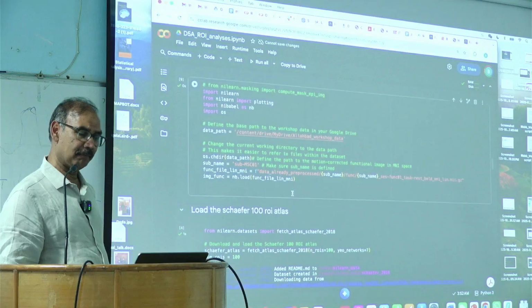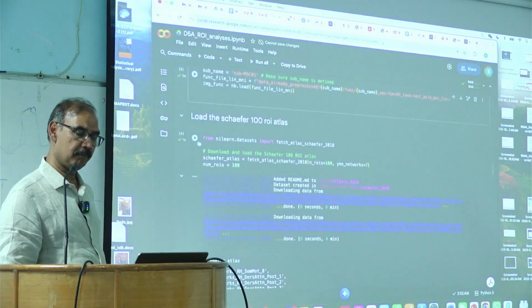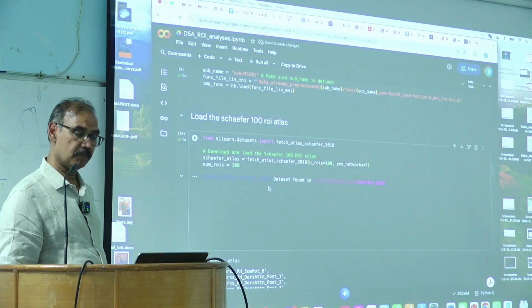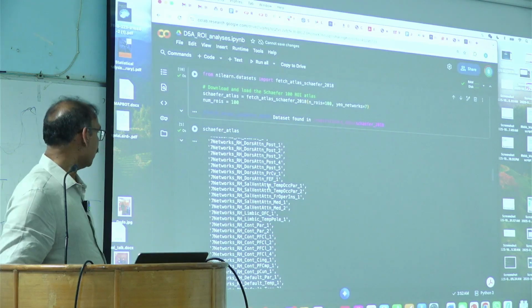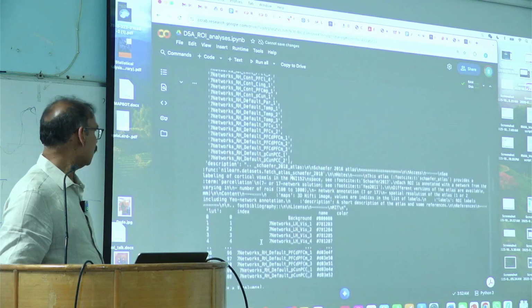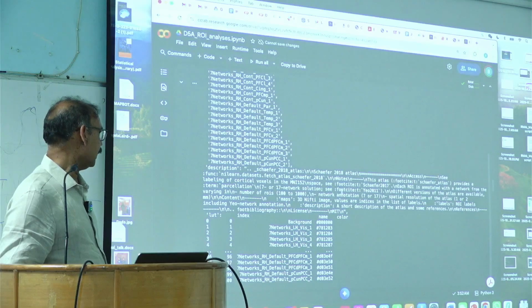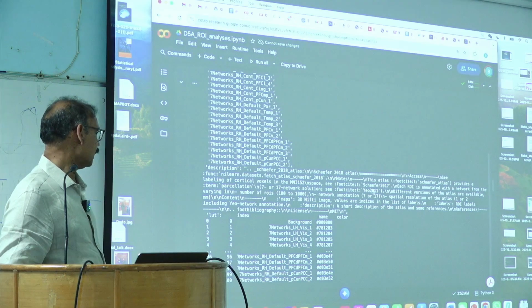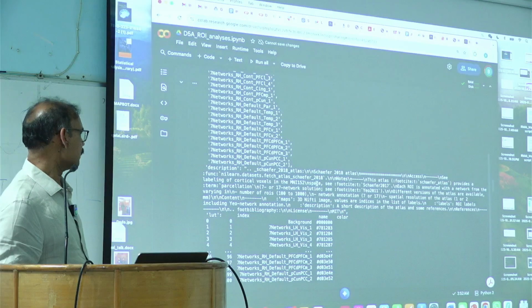Again, I had asked you to do this. So we use the Schaefer Atlas, and these are the regions. And in this case, you can also use other atlases, and you can also decide how many ROIs you want.